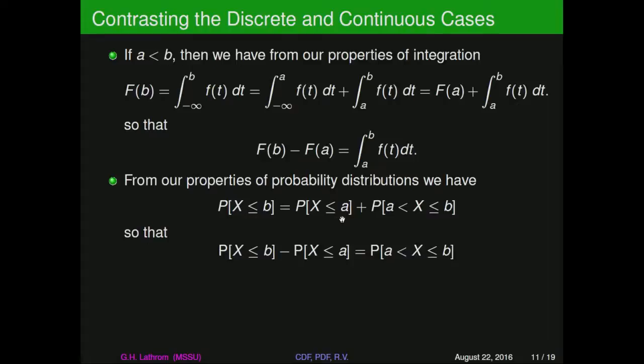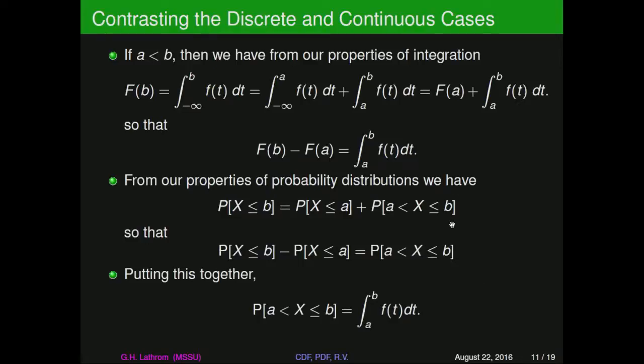So if we're including a in one, we cannot include a in the second one. So if we move that probability of capital X less than or equal to a over to the other side, then we get this particular expression. So we've got the probability of X less than or equal to b minus the probability of capital X less than or equal to a is going to be the probability that a is strictly less than X is less than or equal to b.